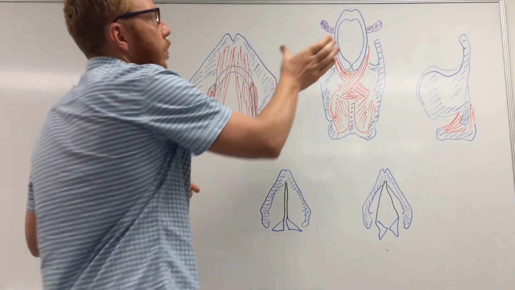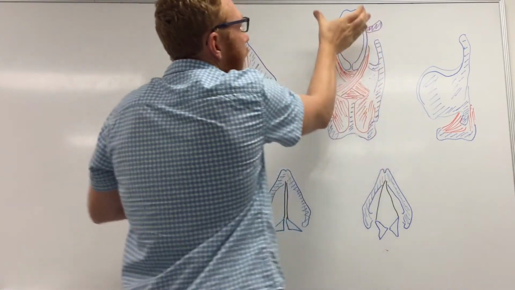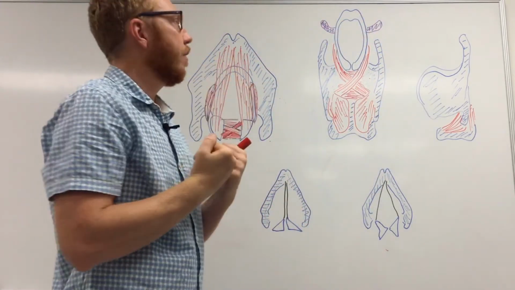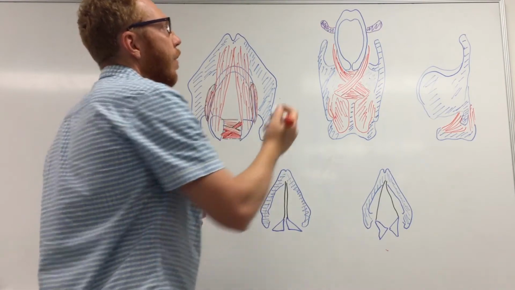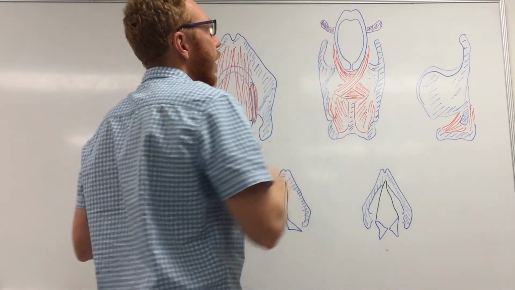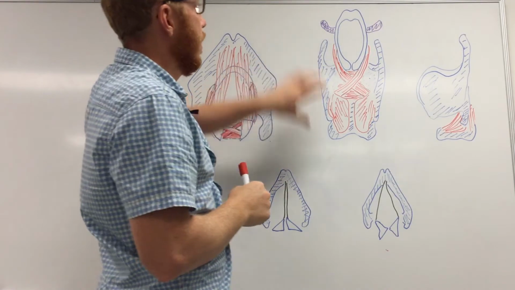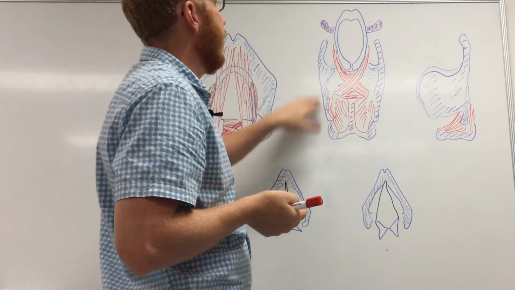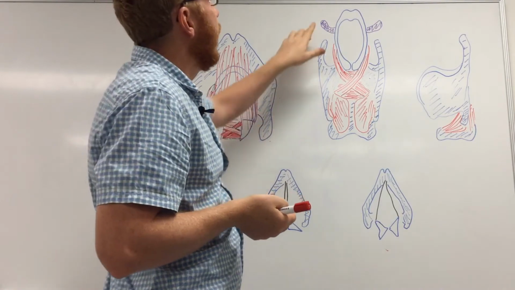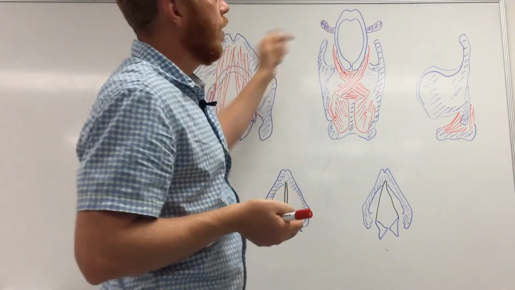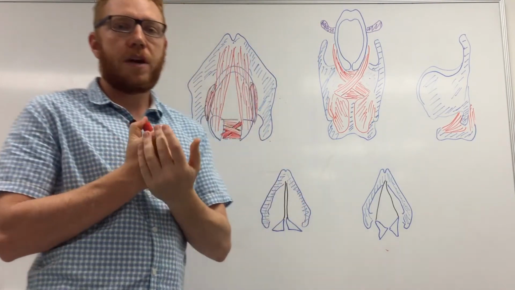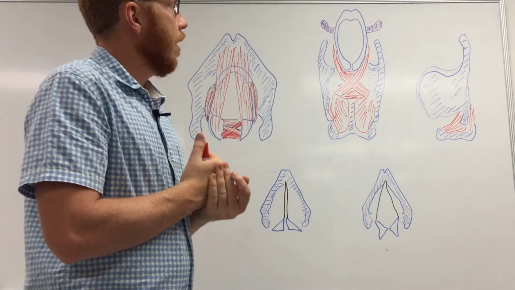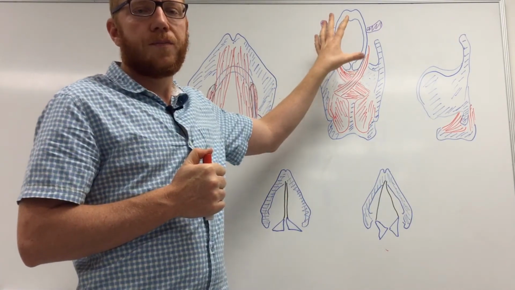Whereas the ones that come below and pull it down are going to depress the larynx. So any muscle that's attaching here and going down, such as the sternohyoid, which is a strap, or the sternothyroid, or omohyoid, which is going to the scapula, is also going to do that. So they're the main extrinsic muscles.